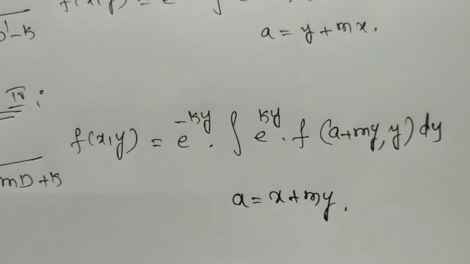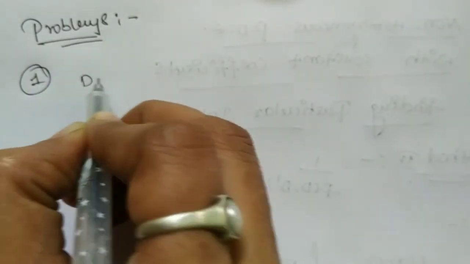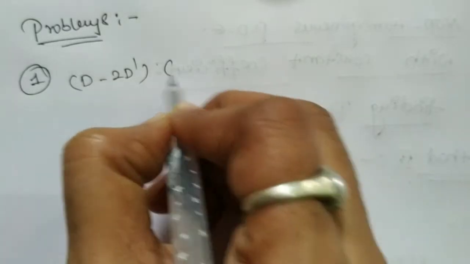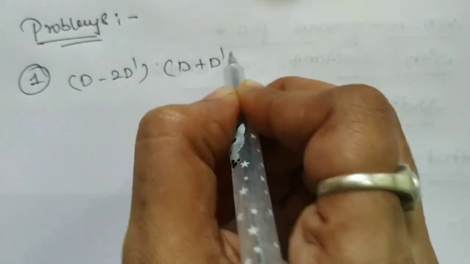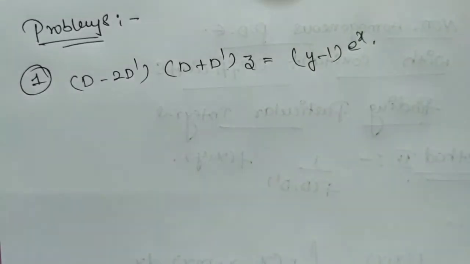Coming to the problems, I am taking one problem. First problem: D minus 2D dash into D plus D dash into z equals y minus 1 into e power x.